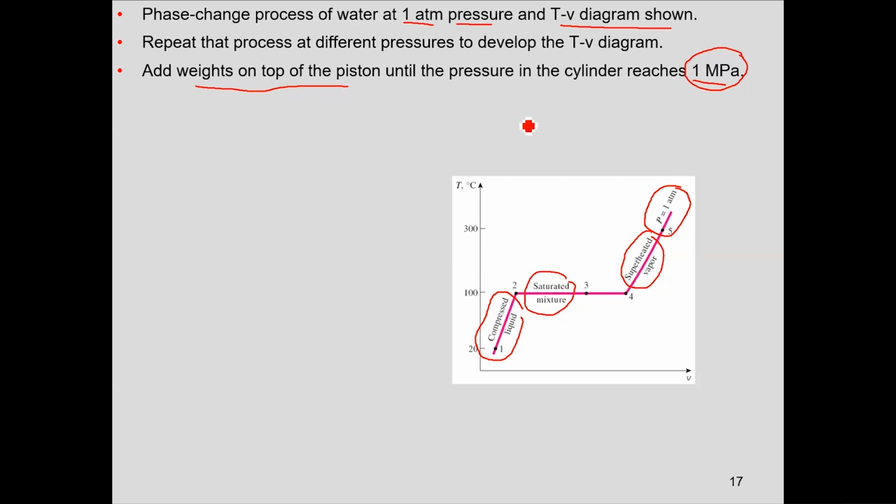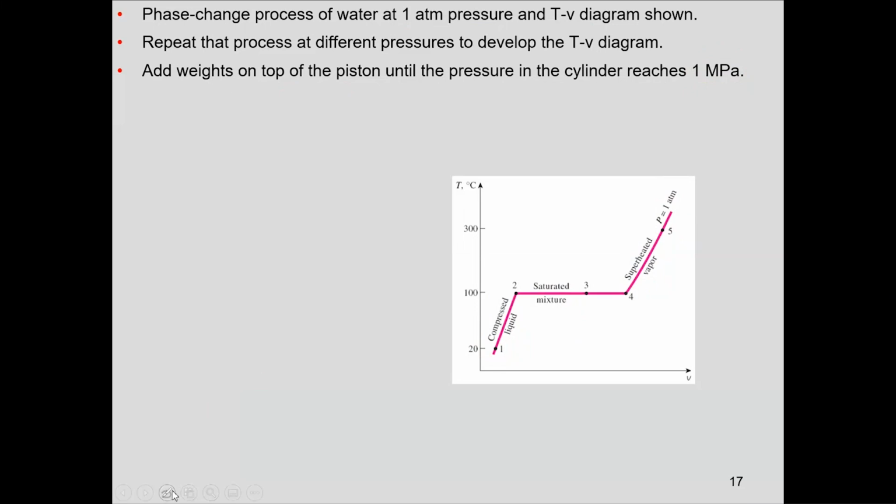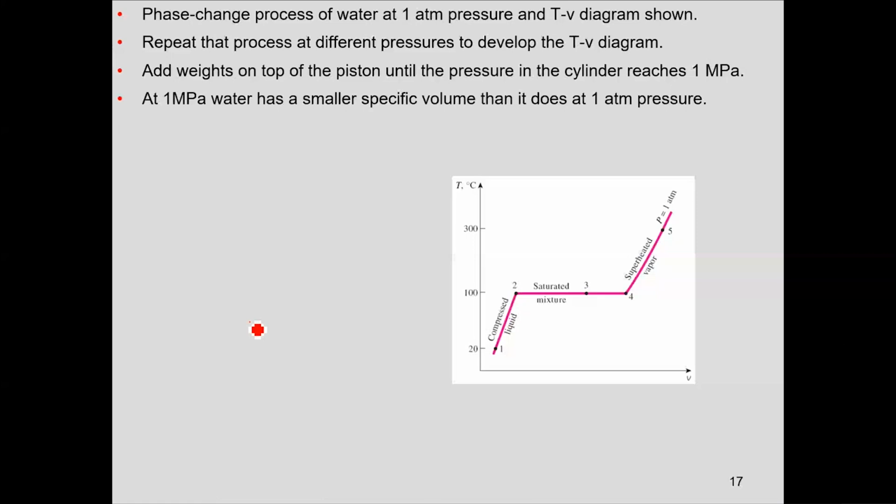At 1 megapascal, do you expect the specific volume to be more or less as compared to that at state 1? Less. All right, very good. So one thing is that at 1 megapascal, water would have a smaller specific volume than it does at 1 atmospheric pressure.